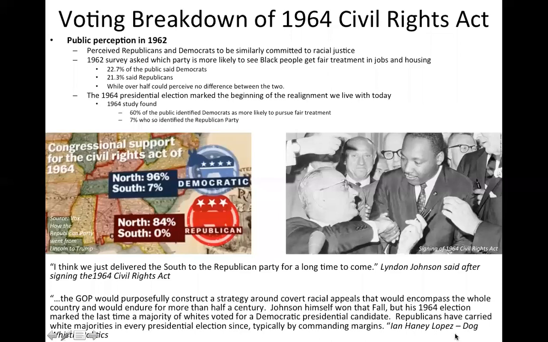Ian Haney López writes, "The GOP would purposely construct a strategy around covert racial appeals that would encompass the whole country and would endure for more than a half century. Johnson himself won that fall, but his 1964 election marked the last time a majority of whites voted for a Democratic presidential candidate. Republicans have carried white majorities in every presidential election since, typically by commanding margins." And we see that even to this day.